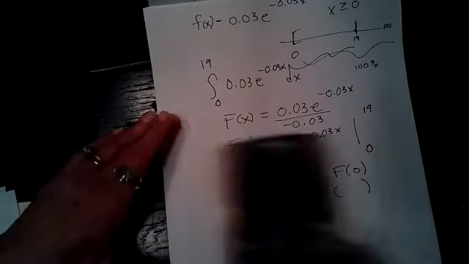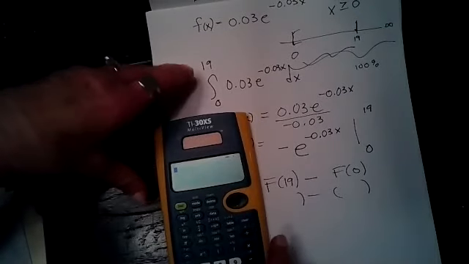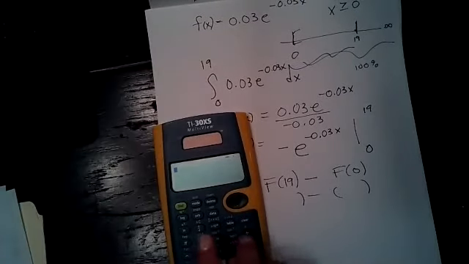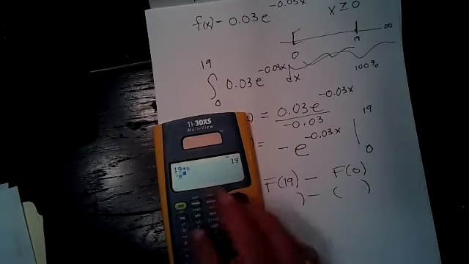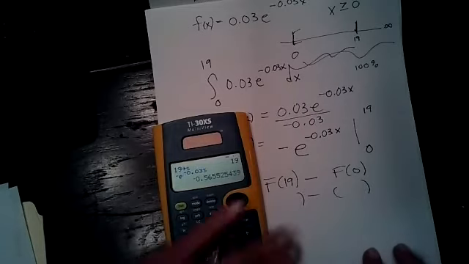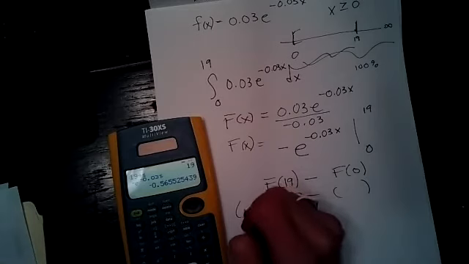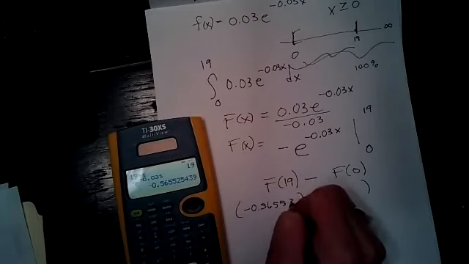So let's put that in my calculator. Clear it out. So it's 19, store for x and enter. And my function is negative, second function ln, e to the negative 0.03x. Enter. And I get negative 0.56553.